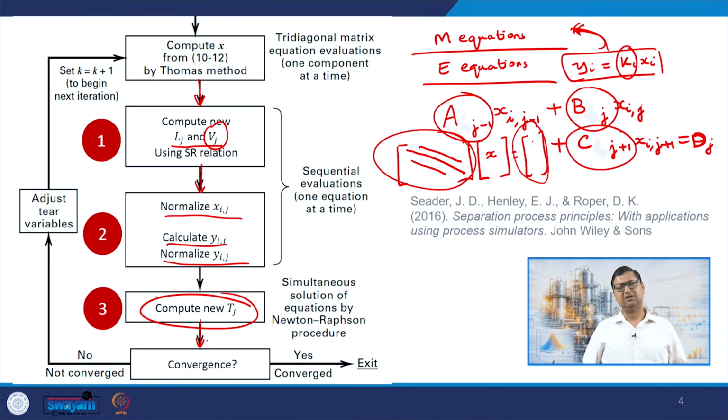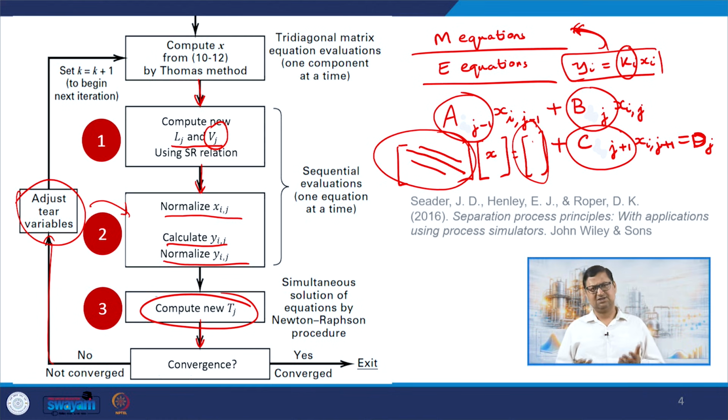I am not getting into the criteria for convergence, but basically we can look at the error, or the norm of the error, in the temperature and the vapor molar flow rates, and based on whatever tolerance I have chosen, we can decide whether I have converged or not. If not, then we adjust the tear variables using the new variables that we have computed in the loop, and we keep on doing this loop until the method converges, right?